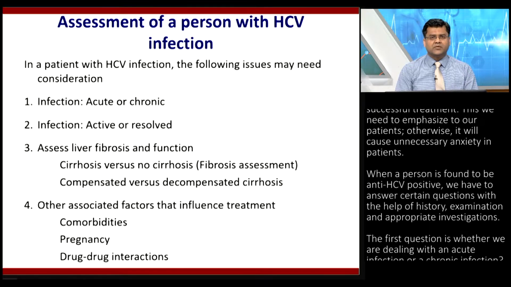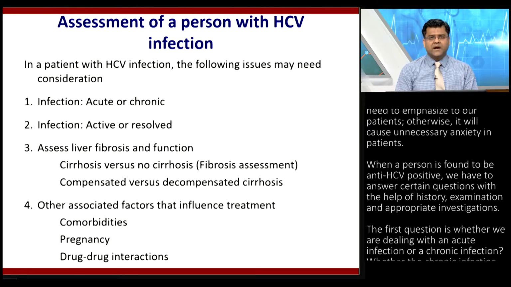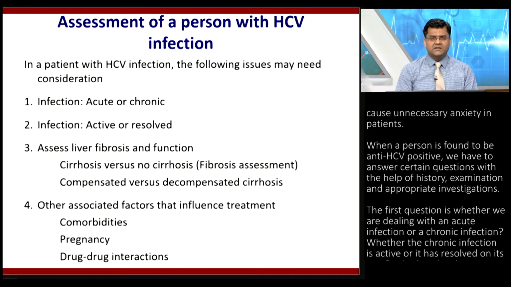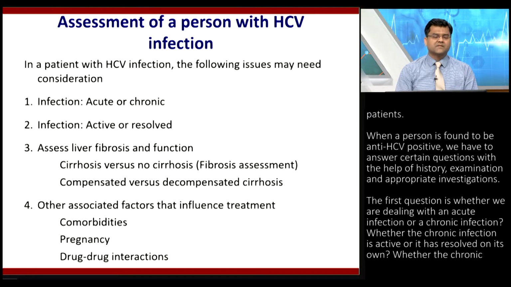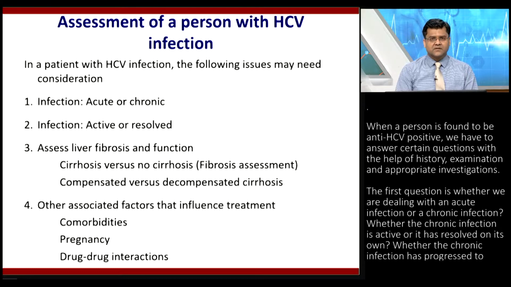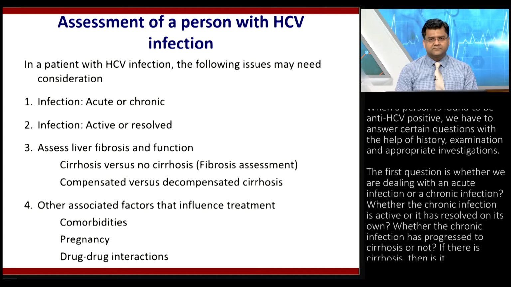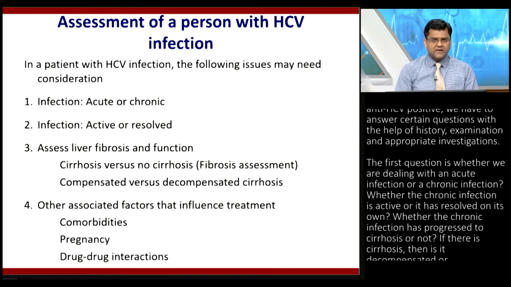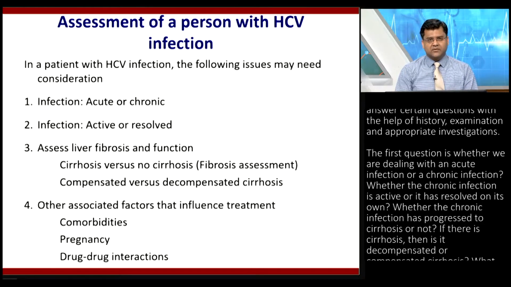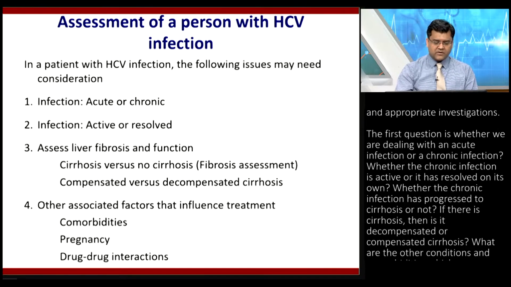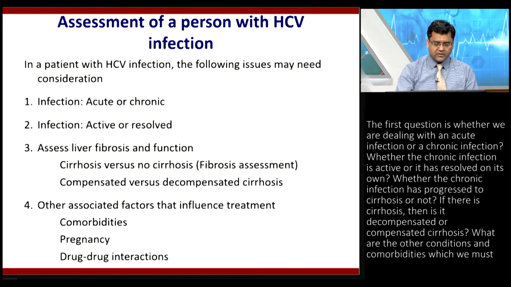When a person is found to be anti-HCV positive, we have to answer certain questions with the help of history, examination, and appropriate investigations. The first question is whether we are dealing with an acute infection or a chronic infection, whether the chronic infection is active or has resolved on its own, and whether the chronic infection has progressed to cirrhosis or not.